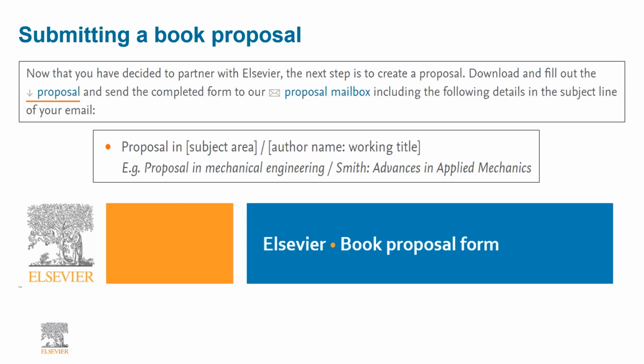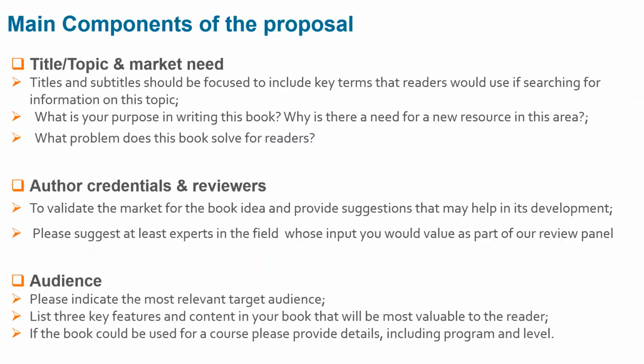So how can I build up my proposal? We have the main components of the proposal here. First component, as I mentioned in the beginning: the title of your book, the topic, the market needs. So I need to identify the title and the subtitles.